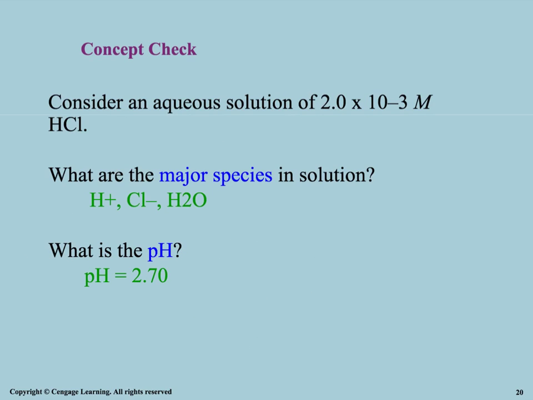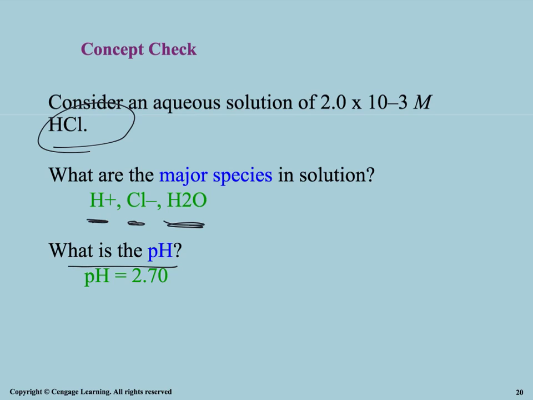So consider this solution, HCl. What are the major species? HCl. In solution, what are the major species? H plus, Cl minus, and H2O. Those are all the major ones.